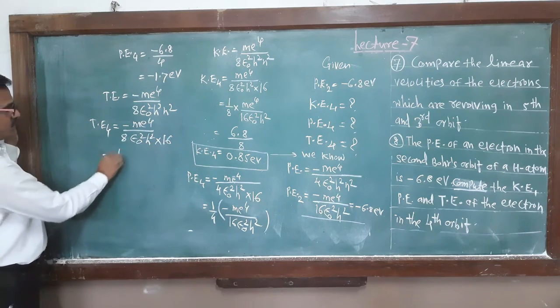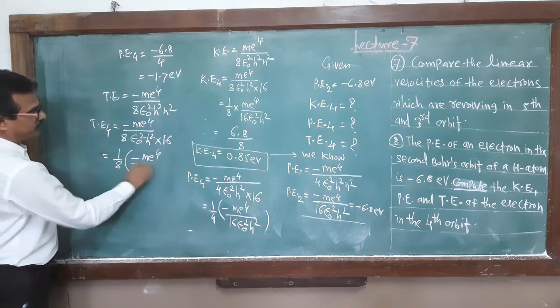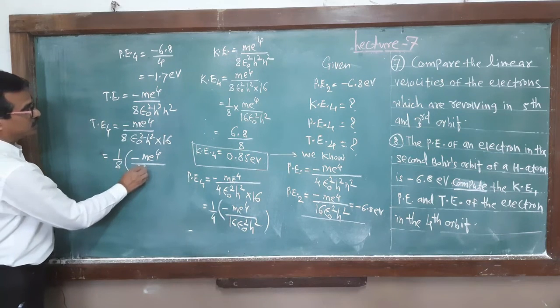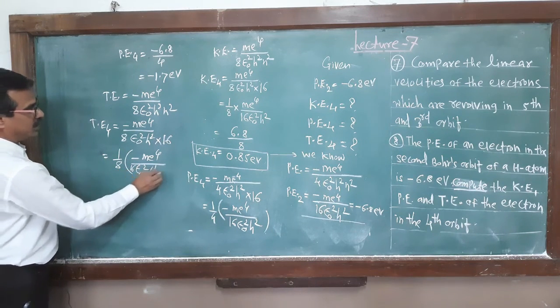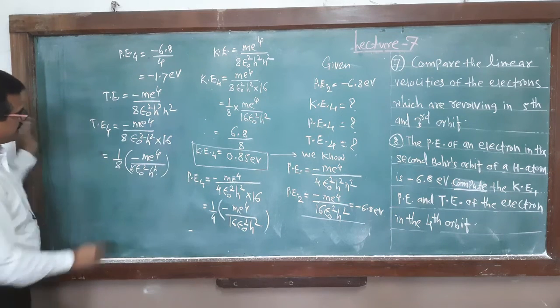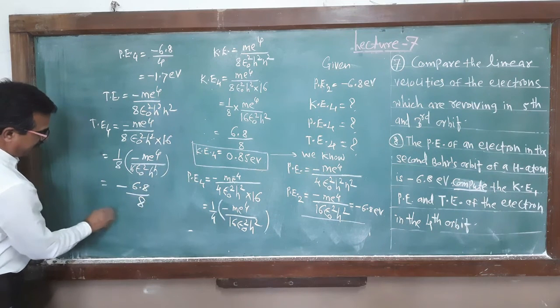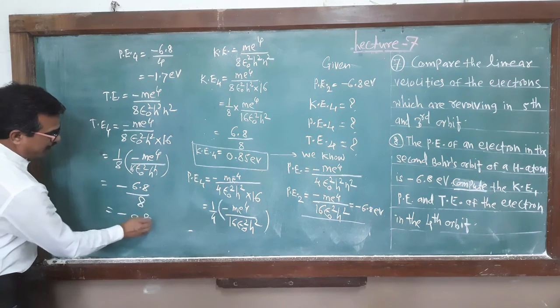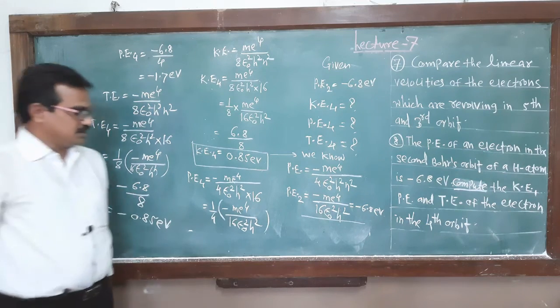That must be equal to 1 upon 8 in bracket minus m e raised to 4 over 16 epsilon 0 square h square. What is this value? Minus 6.8. Minus 6.8 divided by 8 is minus 0.85 electron volt. This is the value of the total energy.